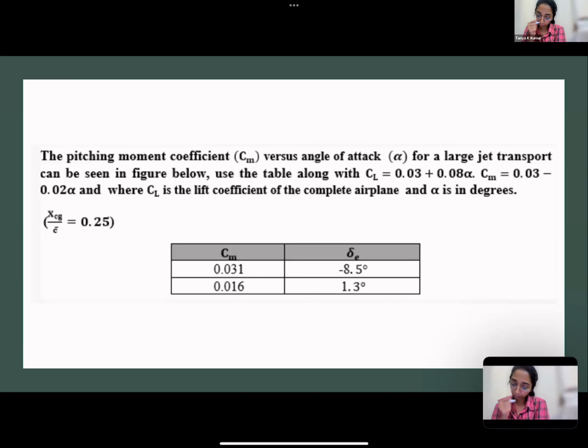Why? Because your CL naught is positive. CM naught positive is actually only for an aircraft. If this was just an airfoil, it's cambered, and if CM naught is positive, the airfoil is reflex. But it's for the entire aircraft. So let's proceed with the questions.